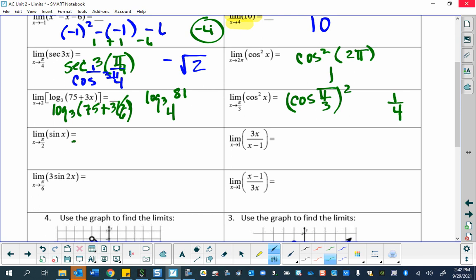The limit as x approaches pi over 2 of the sine of pi over 2. Pi over 2, what's the sine? These are the easy ones, guys.